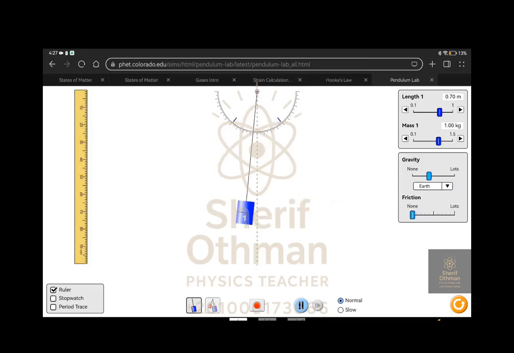As the wire length increases, the amplitude decreases. By decreasing the length of the wire, notice the time of one oscillation. The time of one oscillation is calculated from the highest point to the highest point again of the same position, going from here left and turning back to the right again.